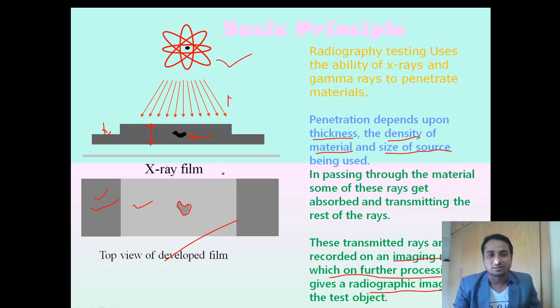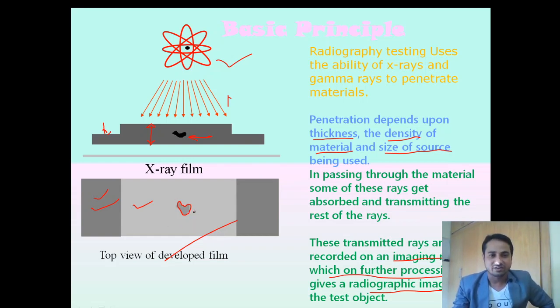Again here we see that there is a fair difference in the metal thickness, and subsequently there is a difference in the density of the film. Here it is darker because more gamma ray will travel and impinge on the film. So this is the basic principle.